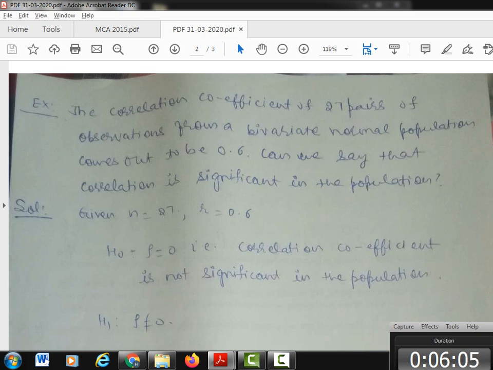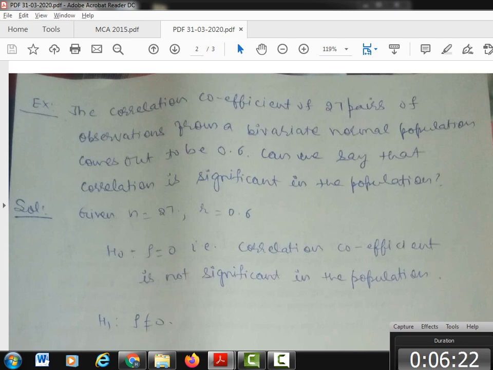That is, we just have to check whether the sample correlation coefficient differs significantly or insignificantly from the population's correlation coefficient. First of all, for the process of testing, I will set up my null hypothesis.